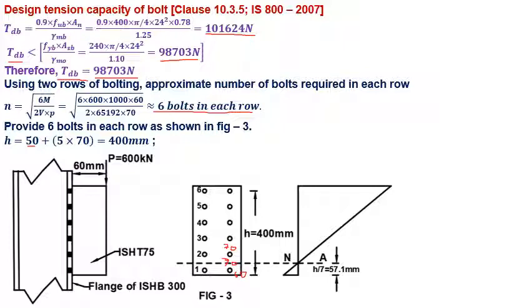So the distance h is calculated as 5 times 70, that is 1, 2, 3, 4 and 5, 5 into 70 is 350, and then 50, this is the end distance. So h comes out to be 400 millimeter.